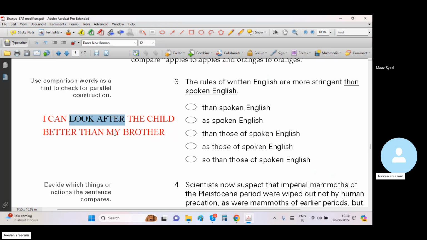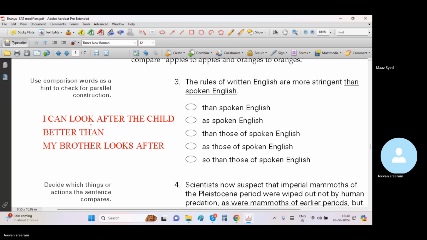There is a grammatical error even in this, because when the verbs are compared, I can look after the child better than my brother looks after. Can you see this, buddy? Because the comparison is actually between verbs, how well both can look after the child.